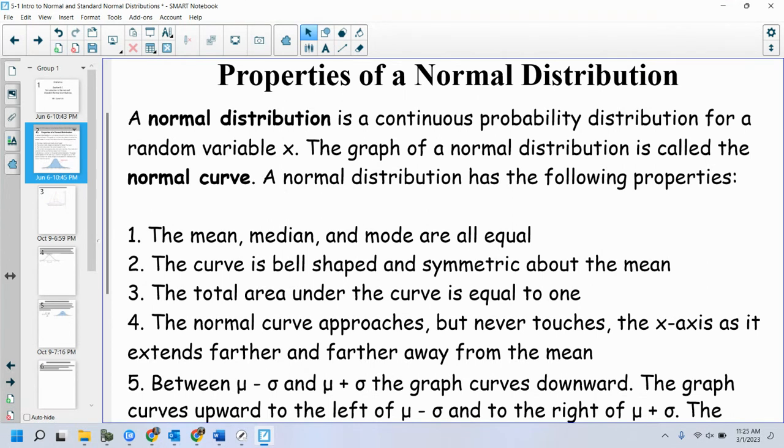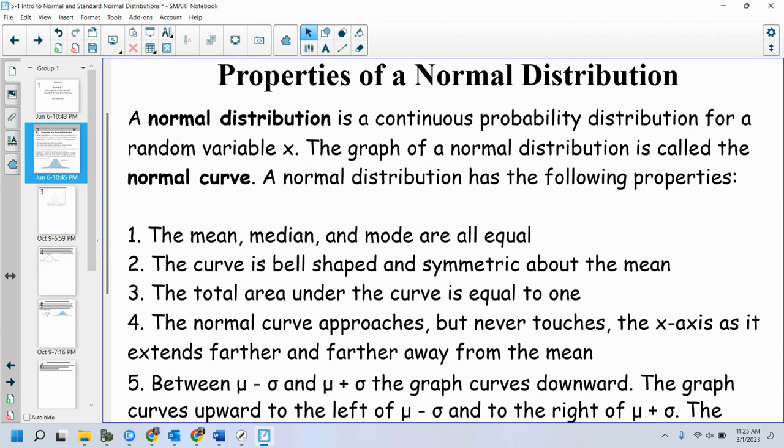However, as you increase the amount of pieces of data that you have, a lot of sets of data tend to fit to a normal distribution. And that's really where we're going to be heading toward.